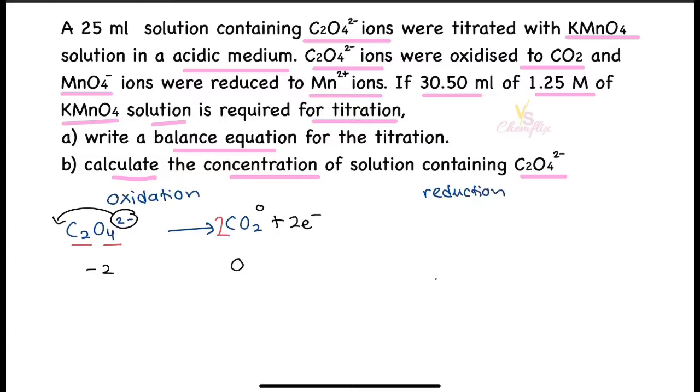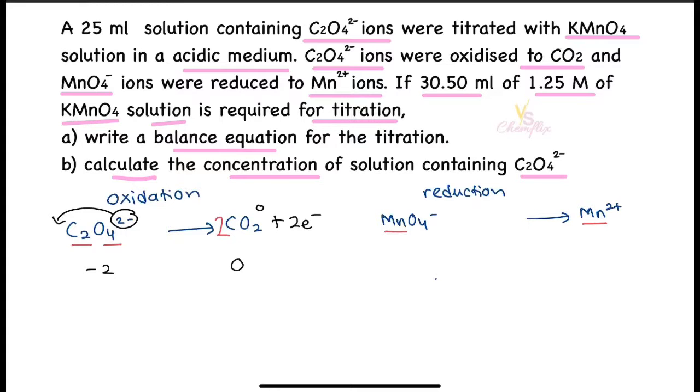So here we can see that the MnO4- ions are converted into Mn2+ ions. Firstly, balance the number of atoms. We have 1 Mn on the left and 1 Mn on the right. However, there are 4 oxygen atoms on the left and none on the right.